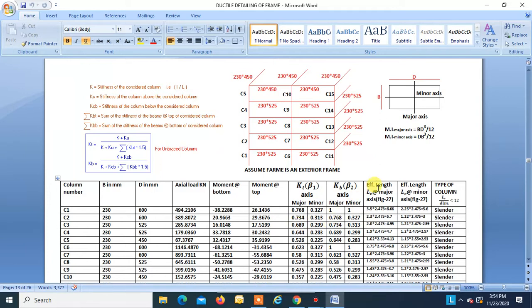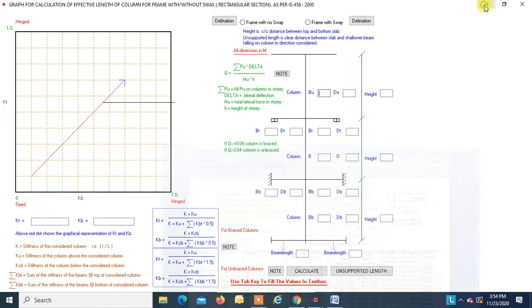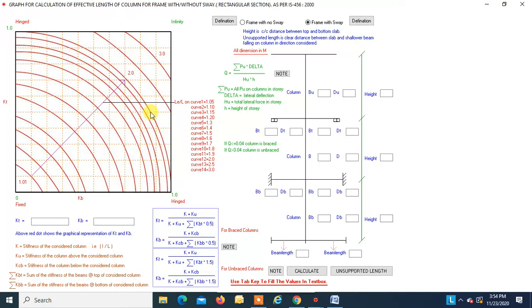Now how to find the effective length LEX about major axis and effective length LEY about minor axis? For that we have to refer to the graph. So our column is which way, so we'll see figure number 27. Figure number 27 is something like this.